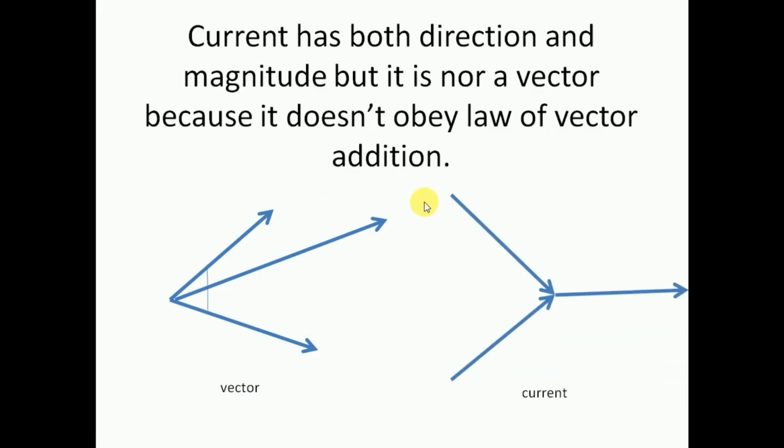But in current, suppose 2 ampere and 1 ampere are flowing through these two conductors, every time the current in this conductor will be 3 ampere, no matter at what angle you keep them, either this way or straight way. So that means it does not obey the vector law, meaning that the total current will not depend on the angle between the wires.